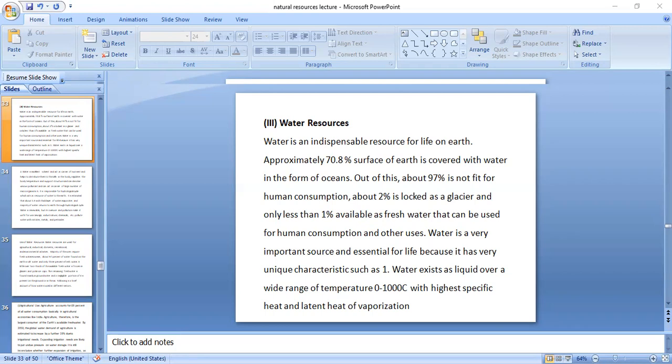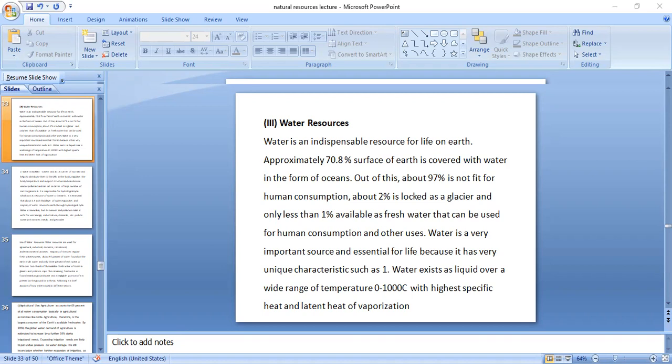Now, continuously, when there is a problem of scarcity of water, continuously there is a problem of deforestation, continuously we are cutting down the forest. As a result, there is a continuous elevation in the temperature, due to which there is the problem of global warming. Global temperature is continuously rising.